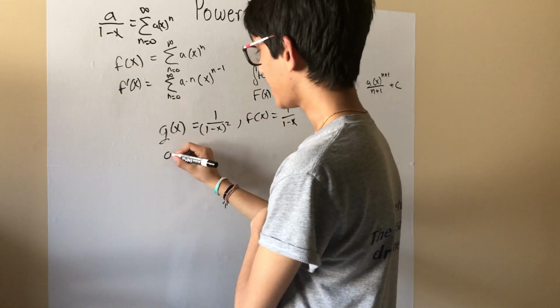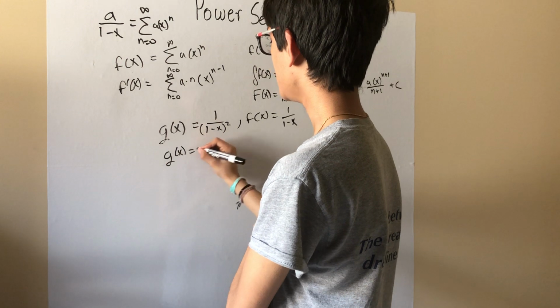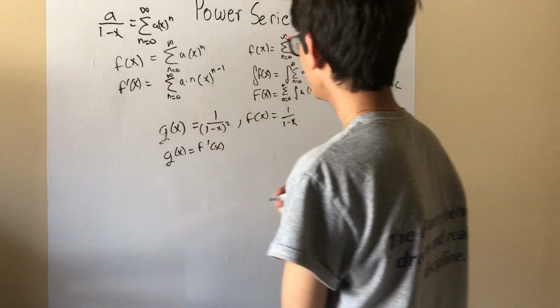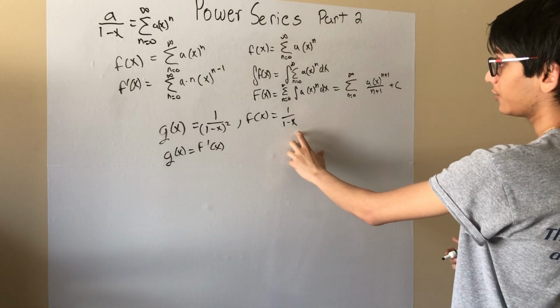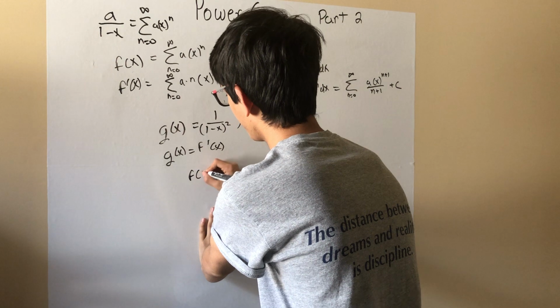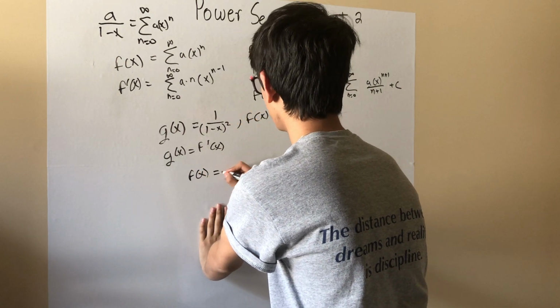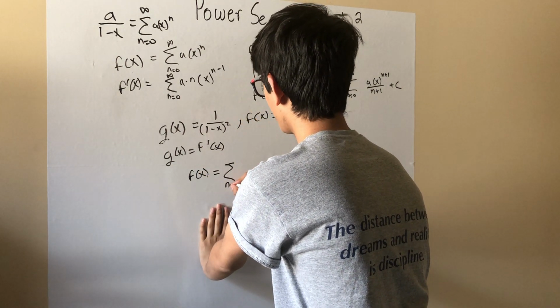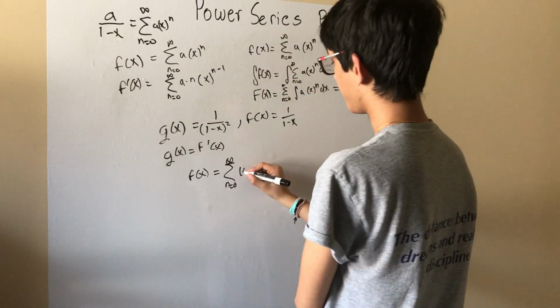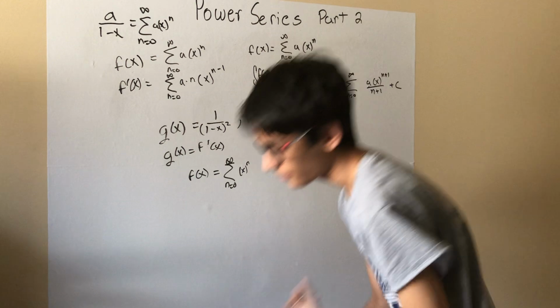Then we know g of x equals f prime of x, right? So this is a very simple power series, right? So f of x equals the sum from n equals 0 to infinity of x to the nth, right?